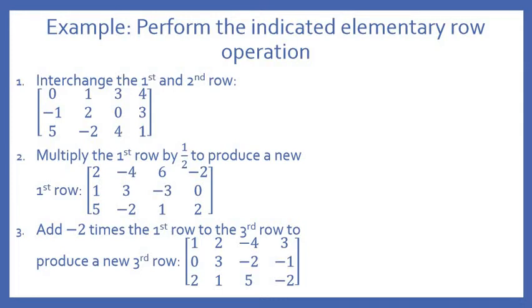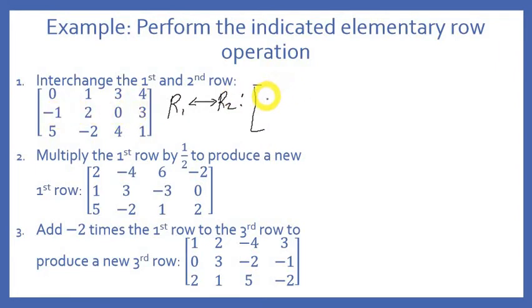So let us perform the indicated elementary row operations on the following. The first one says interchange the first and second row. Usually we have to write the operation first for easy remembering. So we are asked to interchange the first row and the second row. I'm going to write R1, then a double head arrow, row 2. Which would indicate that in the matrix that I'm going to write, I'm going to interchange the first row and the second row.